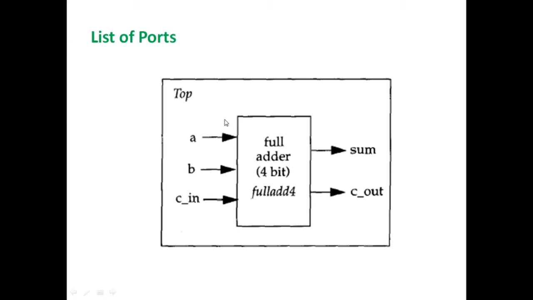So during the time of capital definition, that means whenever these ports are seen outside of your module, A, B, C in are treated as reg, and sum and C out are treated as wires. And during the time of module definition, or internal to the module, A, B, C in are treated as wires and sum and C out are treated as reg.